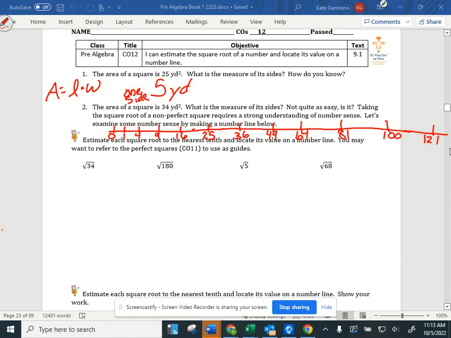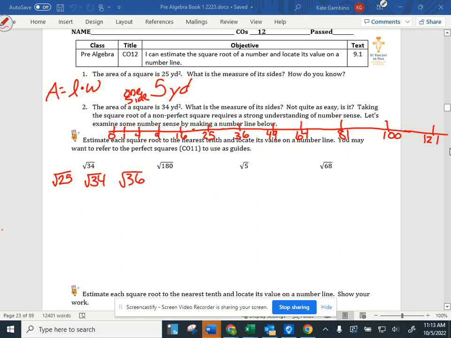So if we look at that square root of 34, I'm going to put my square root of 34 right here. What perfect square comes before and after that? Say a little louder, Luca. 25 comes before it. 36 comes after it.